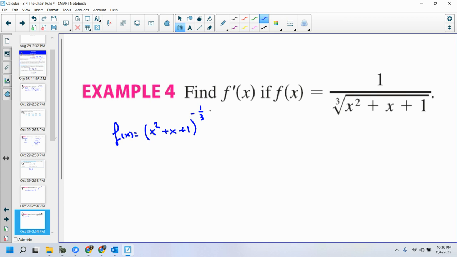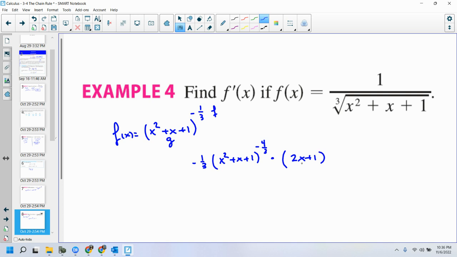So our f for the chain rule is really the to the negative 1/3 power. Our g is x squared plus x plus 1. So find the derivative of the negative 1/3, leave g as it is, and then go down 1 unit, so negative 4/3, times the derivative of the inner, 2x plus 1.